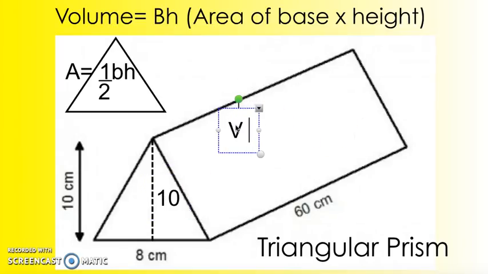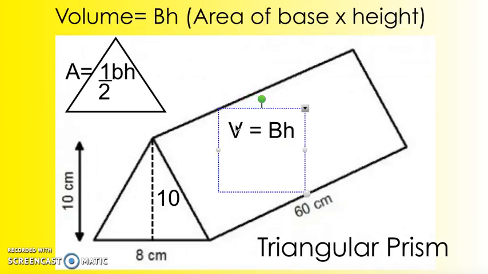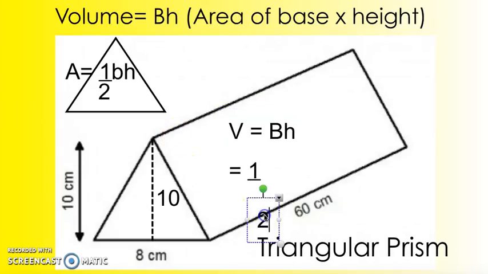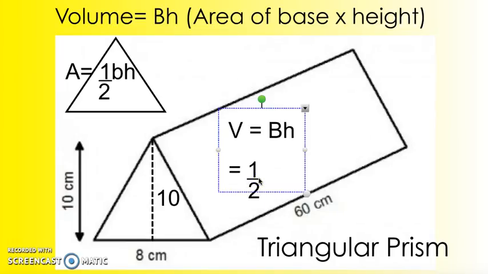To find the volume, we're going to do area of the base times the height. So let's start off with area of the base. The base is a triangle, so we have to take 1/2 times, what's the base of just the triangle? The base of the triangle is 8 times the height of just the triangle is 10.